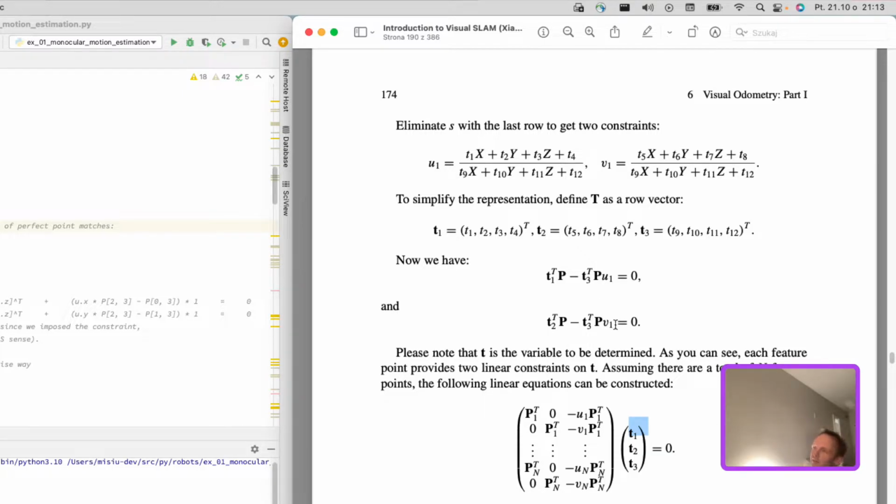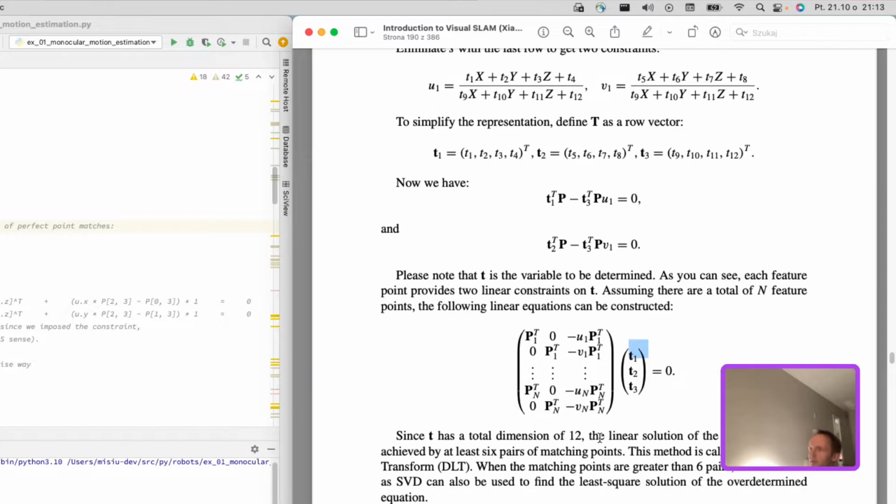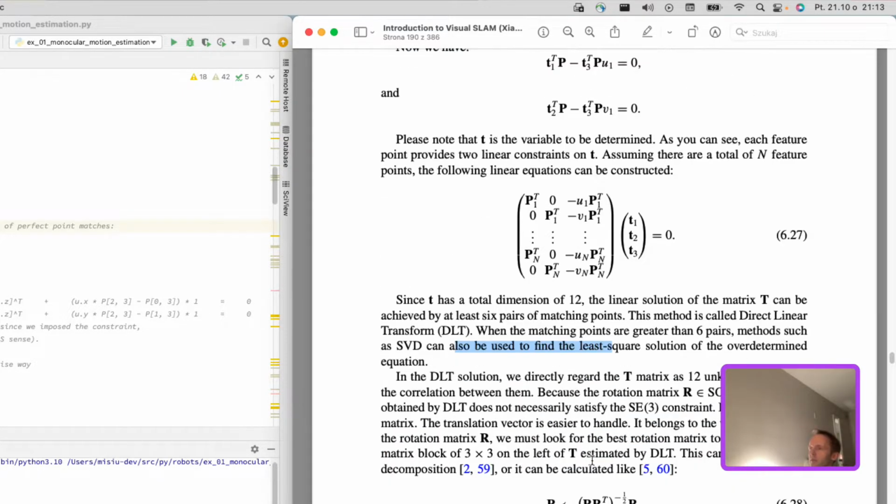Oh god, it's really long, T1. Okay, so we can solve this.